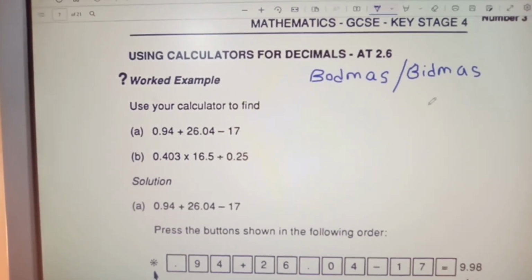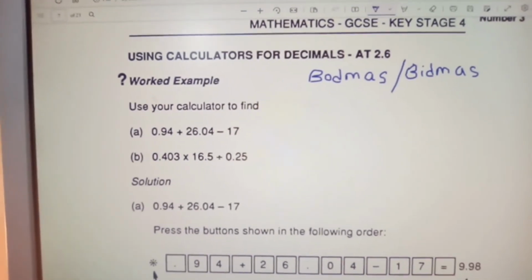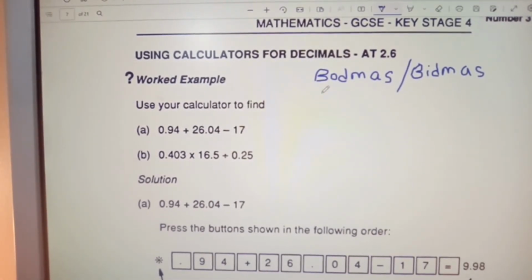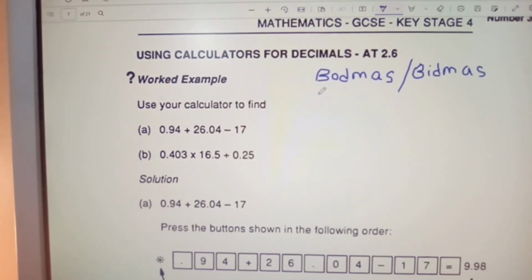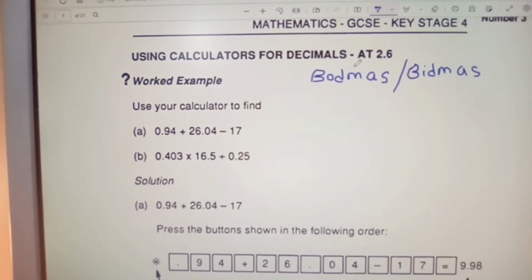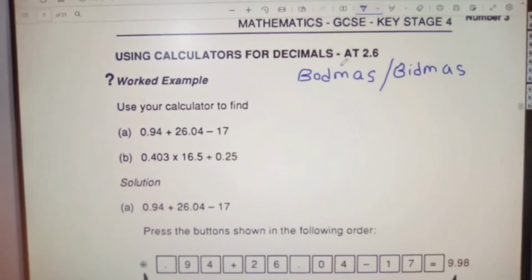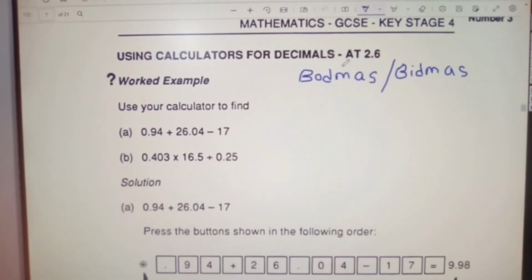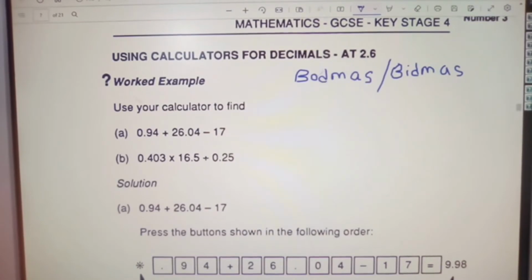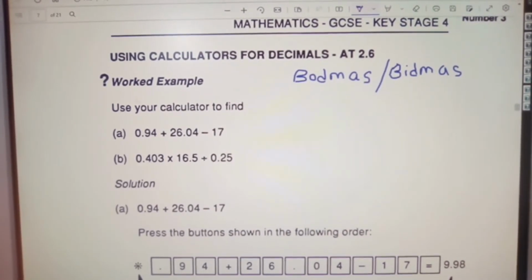Brackets are the first. Now let me see if I can write this out for you to remember. It simply means that brackets come first.